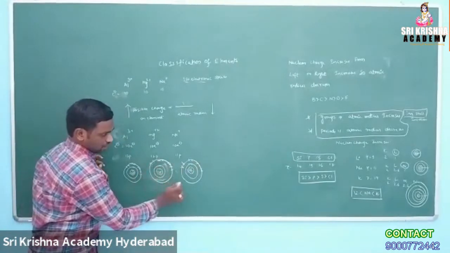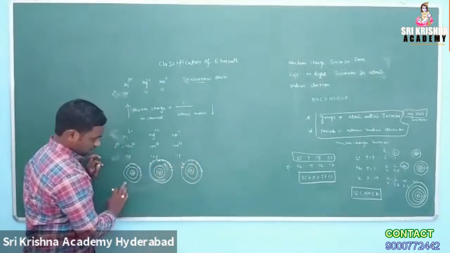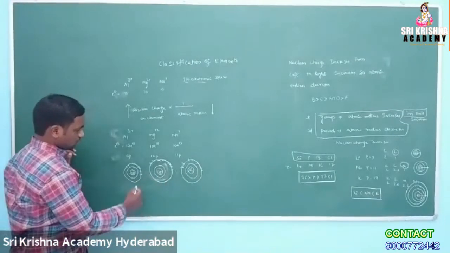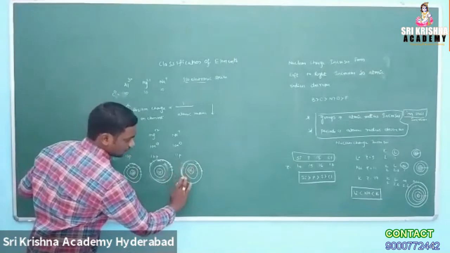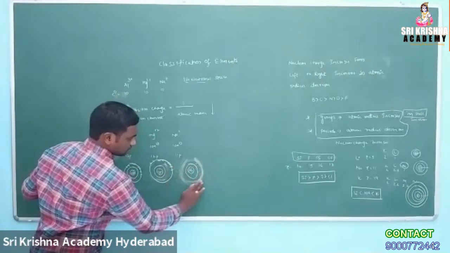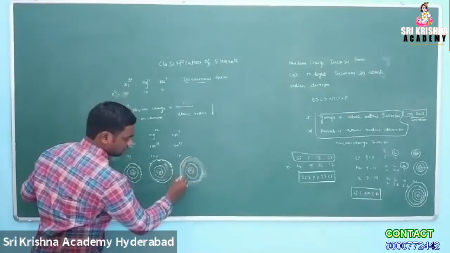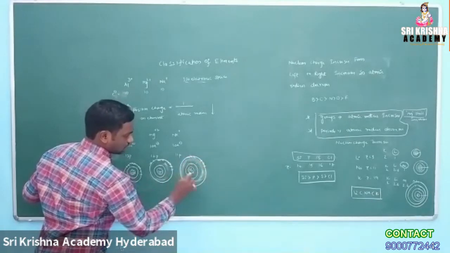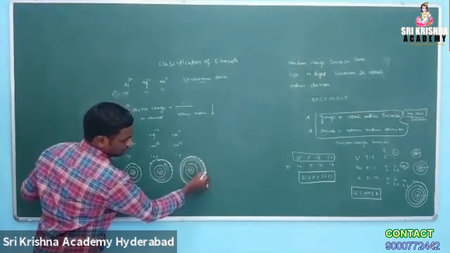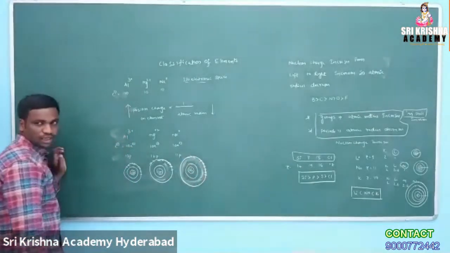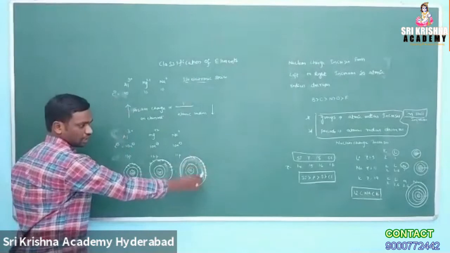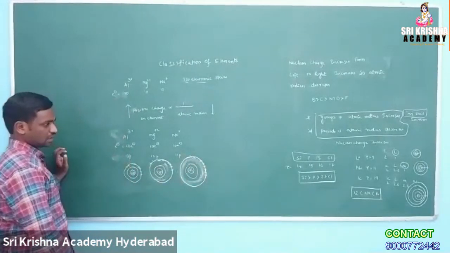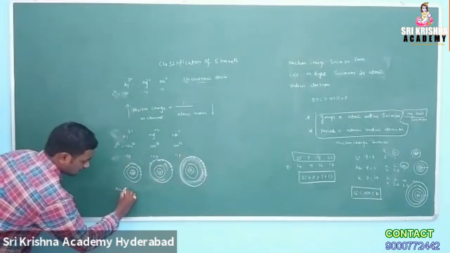Compared to the others, this is the large size, so atomic size increases. The sodium case has the most size. Total is 8 electrons. 11 protons attracting 8 electrons, 12 protons attracting 8 electrons, 13 protons attracting 8 electrons. So nuclear charge is increasing here.